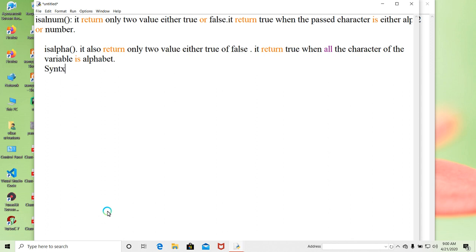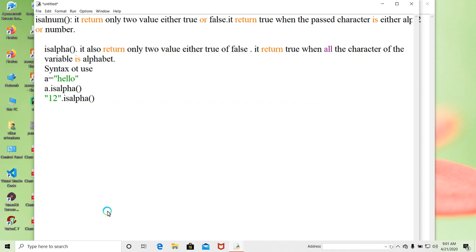One more thing, I will give the syntax to use it. A is equal to hello, so I may write here A is equal to, isalpha. Or if we want to check directly, first I will mention the direct value and I write isalpha.